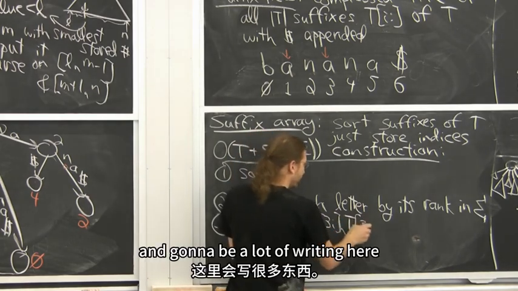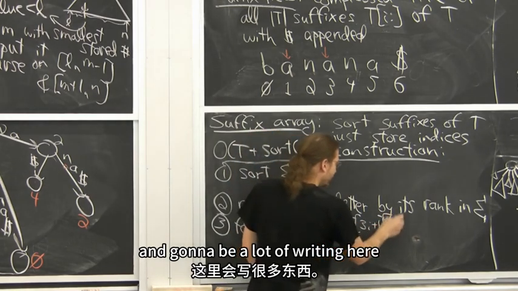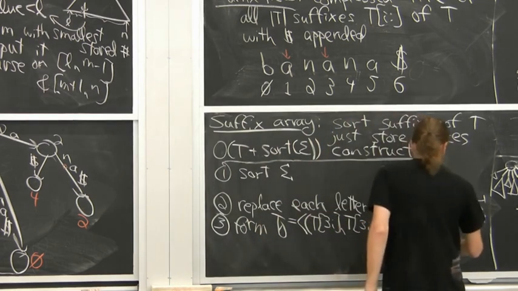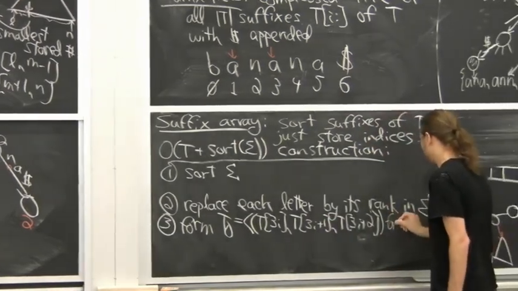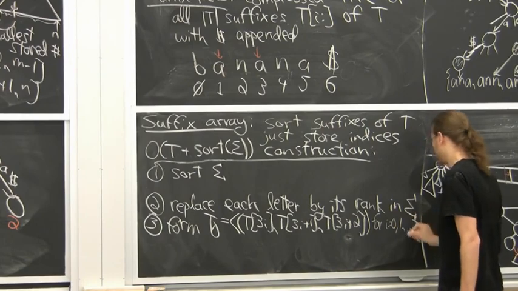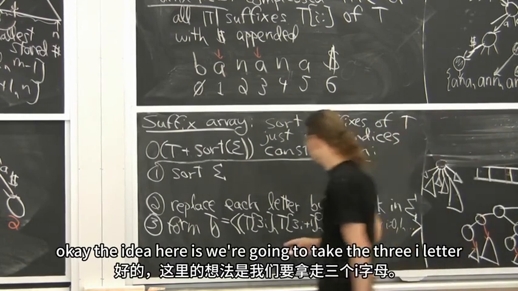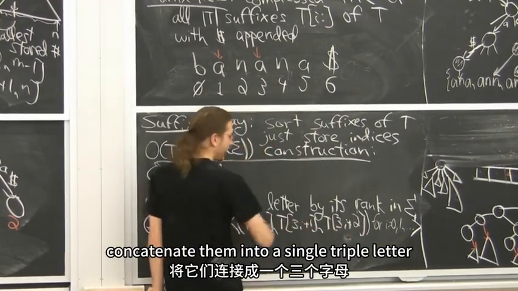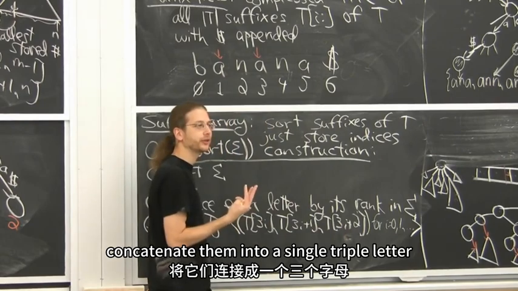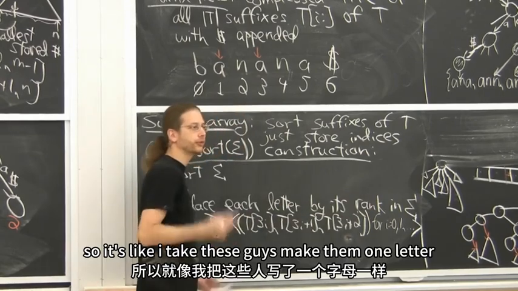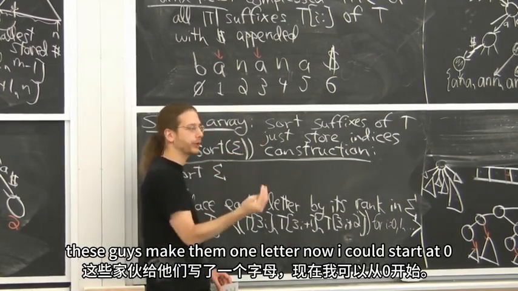Okay, and there's going to be a lot of writing here. Equals 0, 1. Okay, the idea here is we're going to take the 3i letter, 3i plus first, 3i plus second letter, concatenate them into a single triple letter. Think of it as a single letter. And then just do that for all i. So it's like I take these guys, make them one letter, these guys, make them one letter.